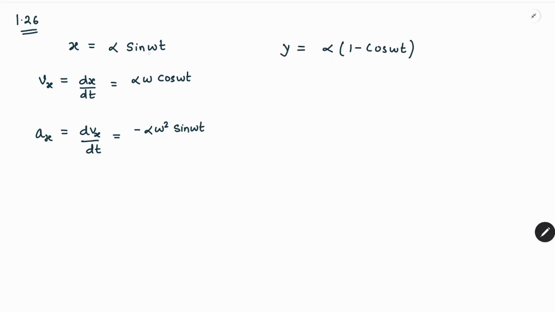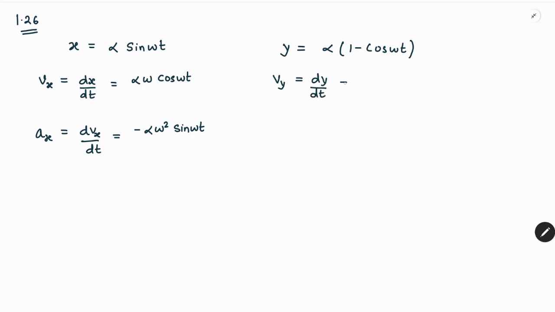So derivative of sine is cos and derivative of cos is minus sine, and since we have an expression of omega t over here, omega will come out as we differentiate omega t and then multiply. So similarly vy can be written as dy by dt.